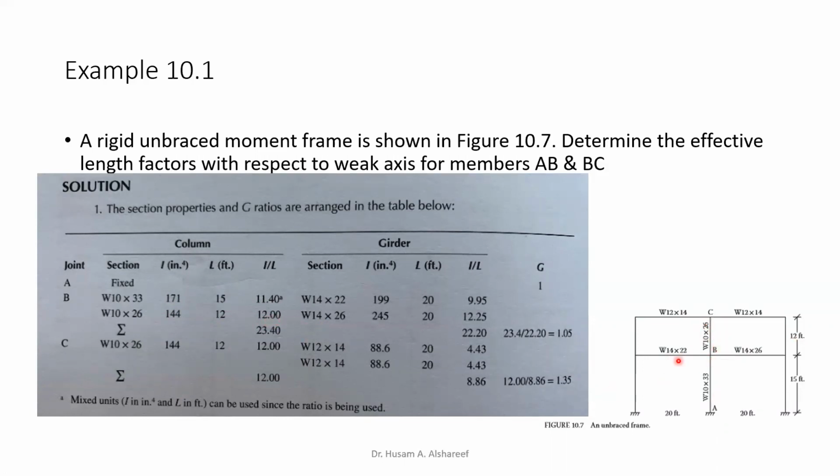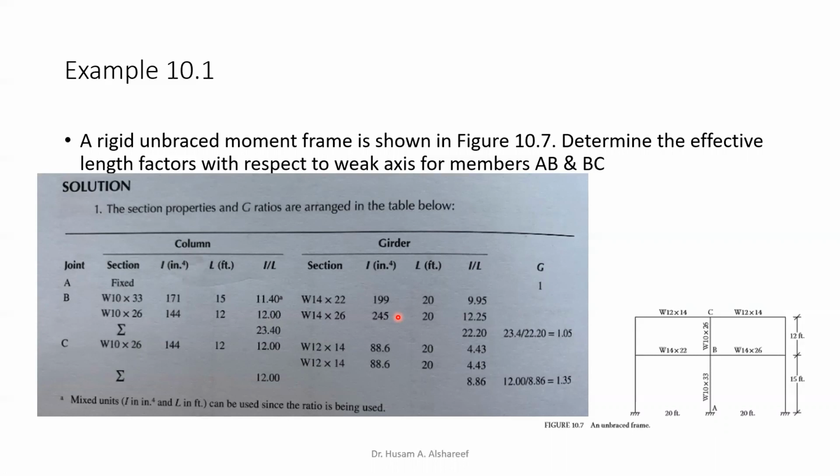Now let's work on the girders. We have 2 girders, W14 by 22 and W14 by 26, which are here. You find W14 by 22 and W14 by 26 one page before, either on page 440 or 441.